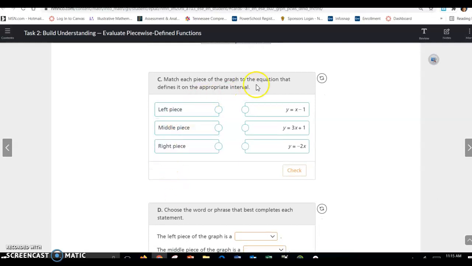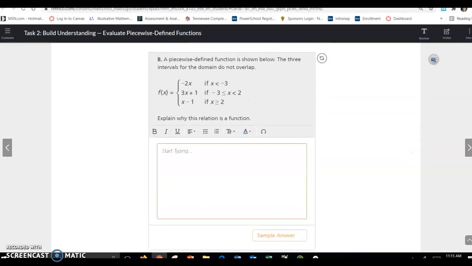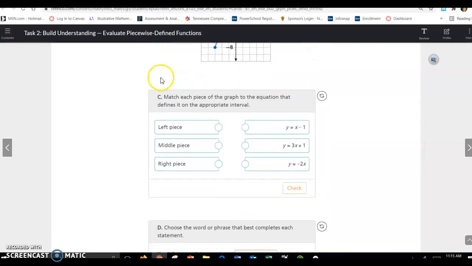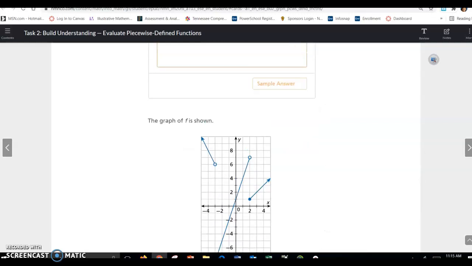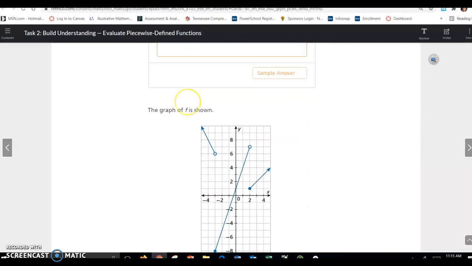All right, match each piece of the graph with the equation that defines it on the appropriate interval. So the left piece goes with x less than -3. The left piece is -2x. The middle piece, from -3 to 2, is 3x plus 1.